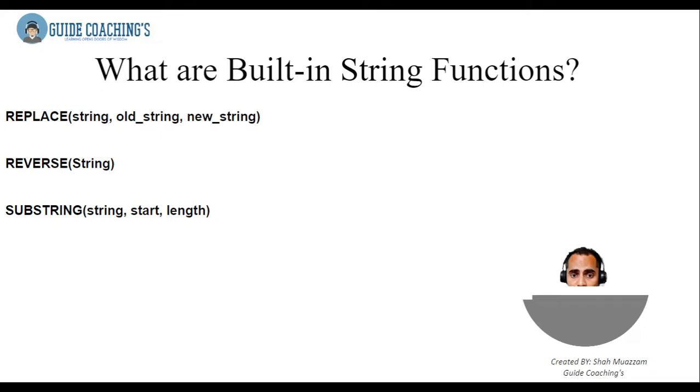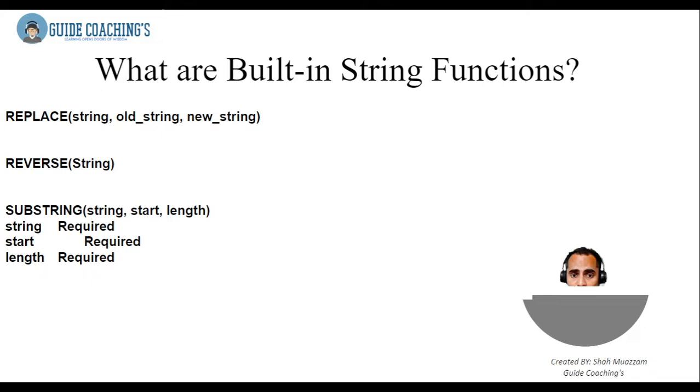The first one is string, the second one is start, and the next one is length, and all these three are required for this. The string is simply, for example, "my name is Mozam". Start is the position from where I want to get anything.